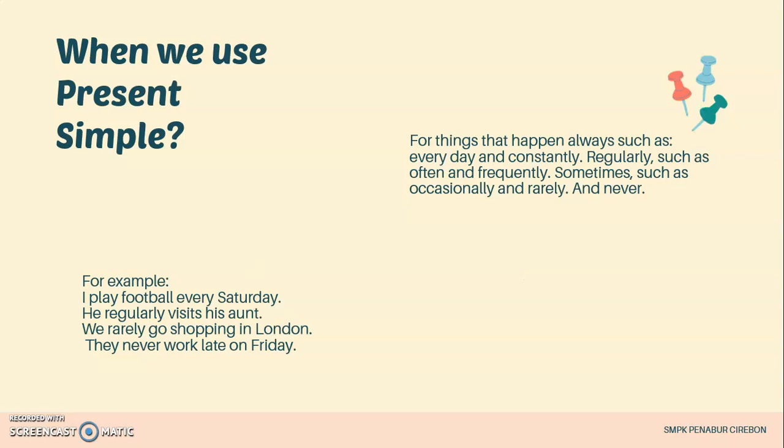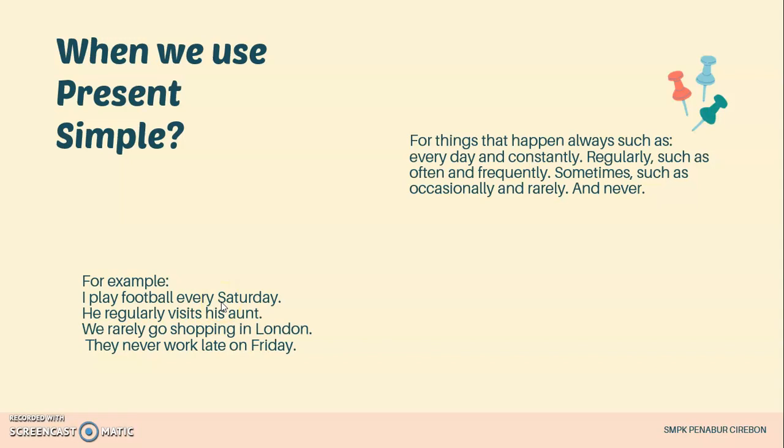We use present simple for things that happen always, such as every day, constantly, regularly, such as often and frequently, sometimes such as occasionally and rarely and never. Jadi kita pakai present simple itu untuk daily routines, daily activities. This is for example. I play football every Saturday.